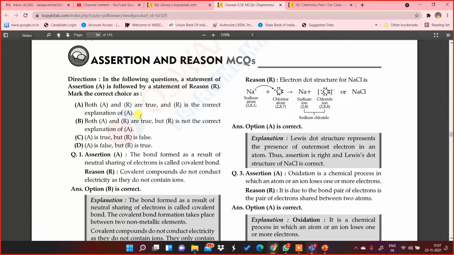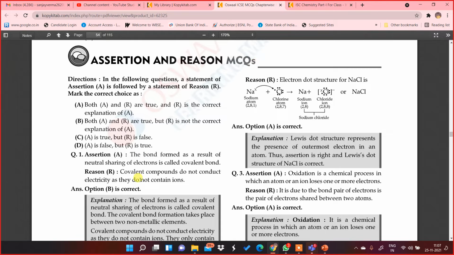In the following questions, a statement of assertion A is followed by a statement of reason R. Mark the correct choice as A, B, C or D. A means both A and R are true, and R is the correct explanation. B means both A and R are true, but R is not the correct explanation. C means A is true, but R is false. D means A is false, but R is true. This generally remains the same for all the assertion and reasoning based multiple choice questions.